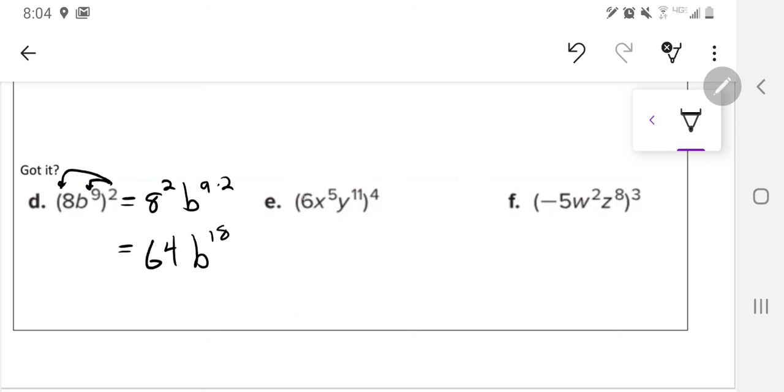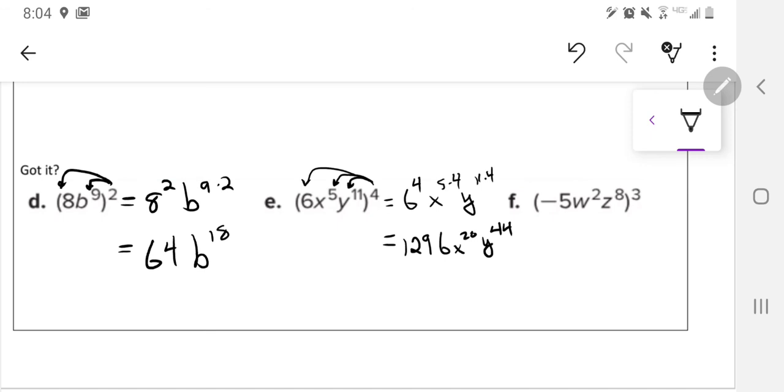Next, we have to take this 4 on the outside to each of the factors inside, and we get 6 to the 4th, x to the 5 times 4, and y to the 11 times 4. And moving on, 6 to the 4th is 1,296. That'd be x to the 20th, y to the 44th.